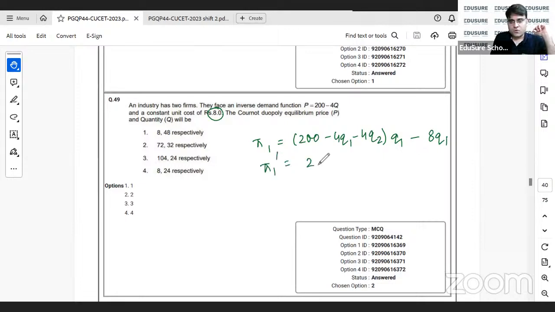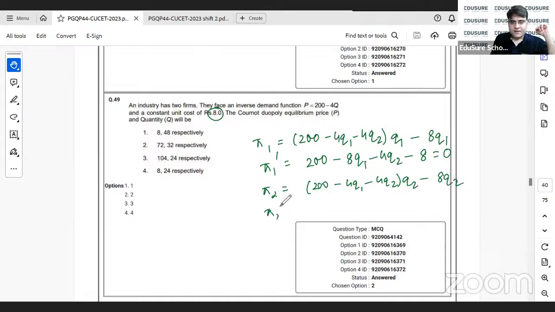So differentiate: 200 minus 8Q1 minus 4Q2 minus 8 is equal to 0. Similarly, I'll get the profit of the second firm, 200 minus 4Q1 minus 4Q2 into Q2, minus 8Q2. The derivative will give me 200 minus 4Q1 minus 8Q2 minus 8 is equal to 0.